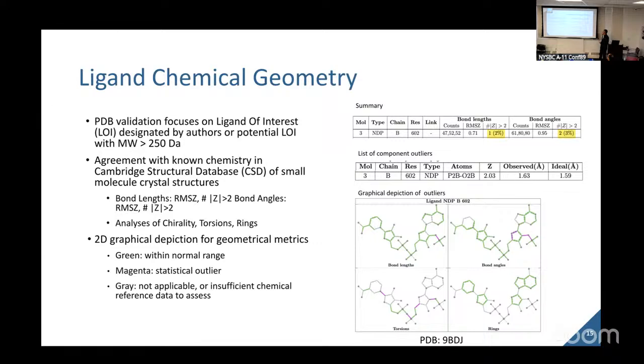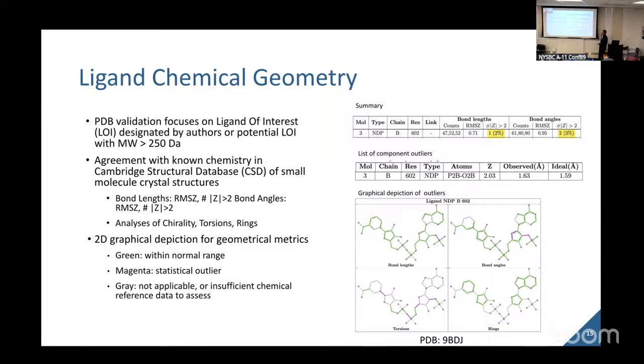For example, there are bond length distributions for specific bonds. And we calculate RMSZ, and if Z is greater than 2, it's considered an outlier. Same thing for the bond angle. The analysis also includes chirality, torsion angle, ring, etc. And here is the example of NDP, which is a dinucleotide that includes nicotinamide and adenine.